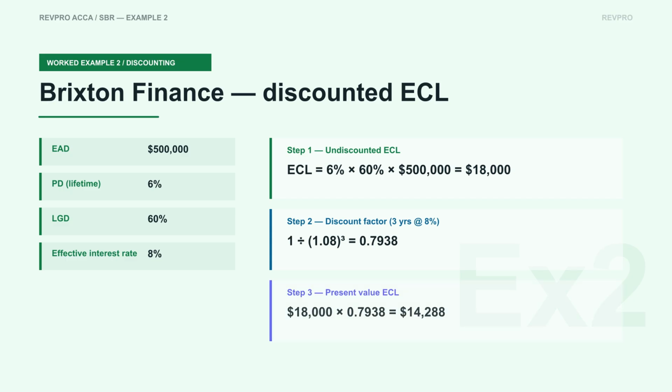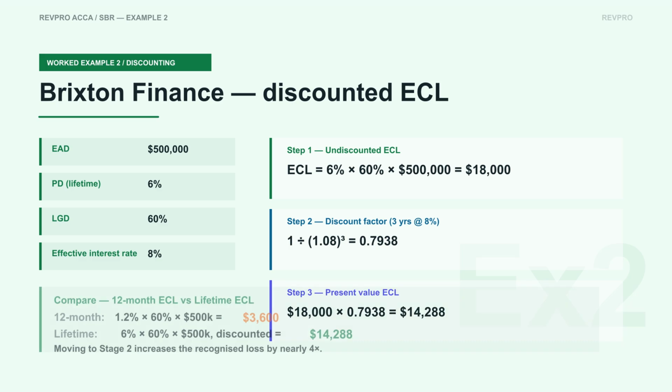The discount factor is 1 divided by 1.08 cubed, which equals 0.7938. Present value ECL is 18,000 times 0.7938, which is $14,288. If the 12-month PD were only 1.2%, the stage 1 allowance would be $3,600.